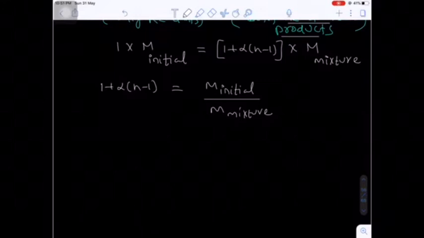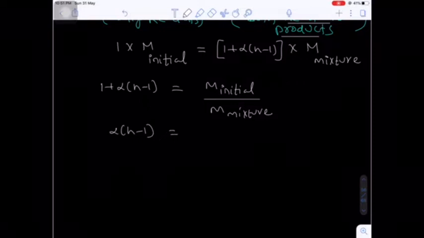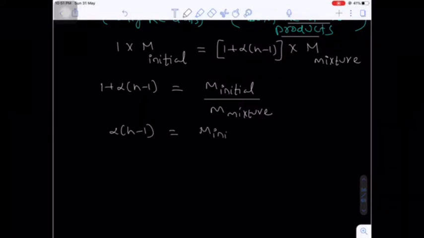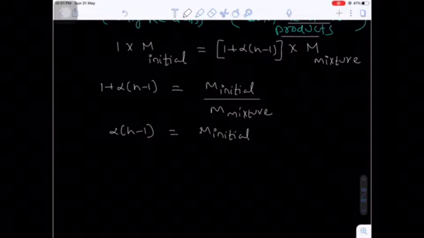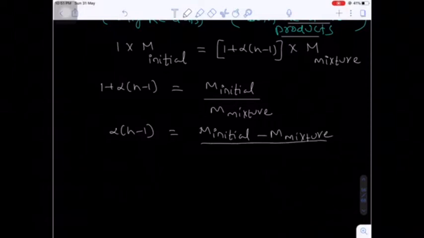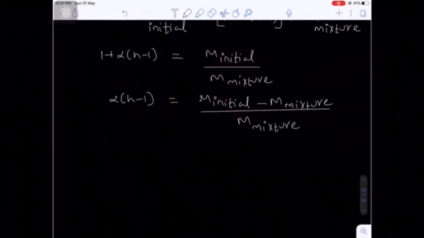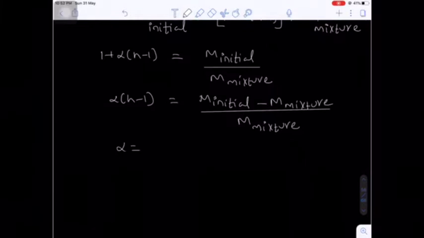Okay, from here I want to calculate the alpha value. Alpha into n minus 1 is equal to, bring the 1 to the right side and take the LCM, so you will get M initial minus M mixture whole divided by M mixture. Okay, now I want to calculate the alpha value.